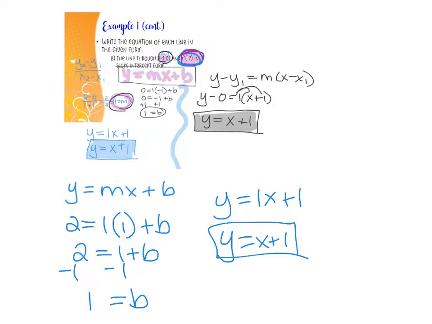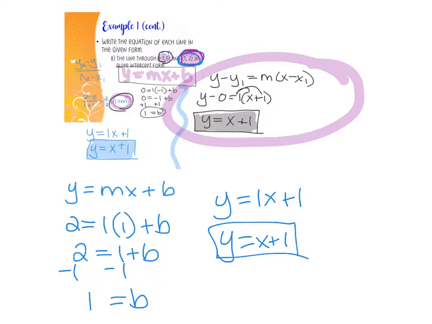Okay, so in order to solve it, you put it in point-slope form, that's this part, and then you put it in slope-intercept. If you put it in point-slope form, all you have to do is solve it for y, and it puts it into slope-intercept form.